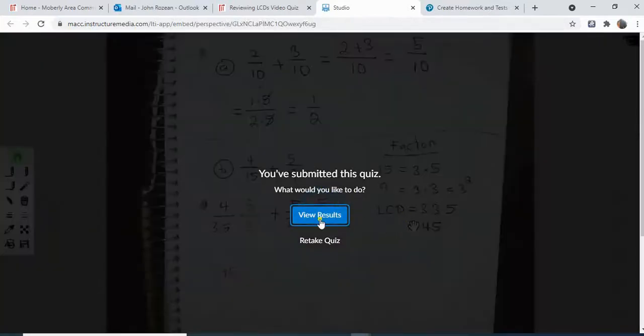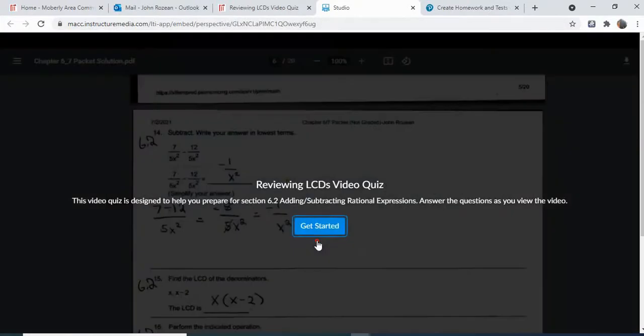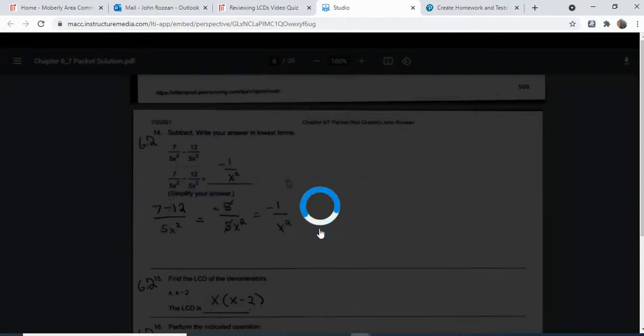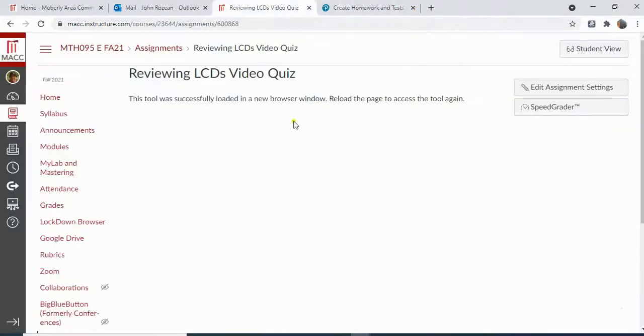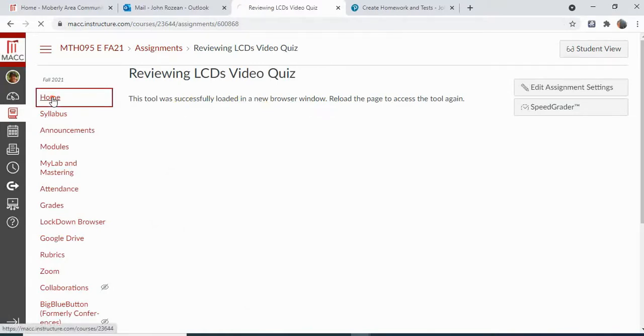And as it says here, we can review our quiz results, or we could retake it, and it would take us through. As you can see, you could go back in there and retake that quiz if you wanted to review some concepts.